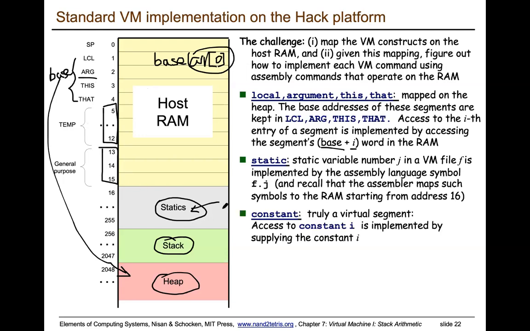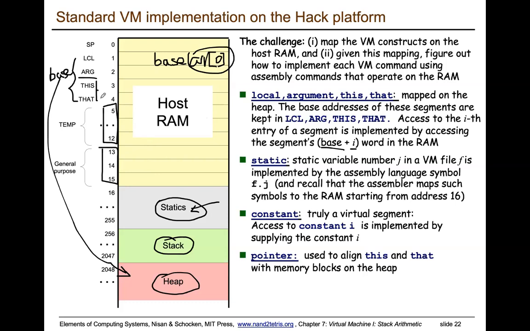Then constant is another thing, it is truly a virtual segment. If you want to access the constant i, then it is implemented by supplying the constant i. So this one is just put in a temporary, or you can directly access it. So you don't need memory, right? Then for the pointer, this and that, it will see which blocks it will be there.